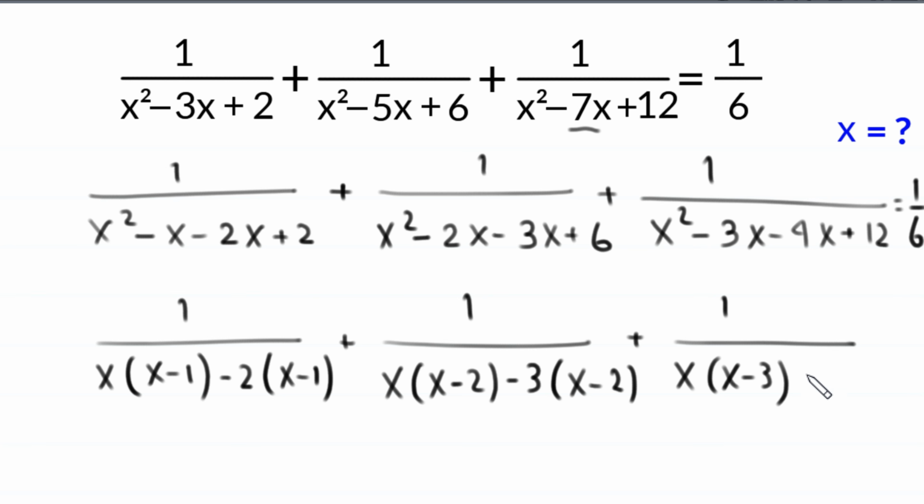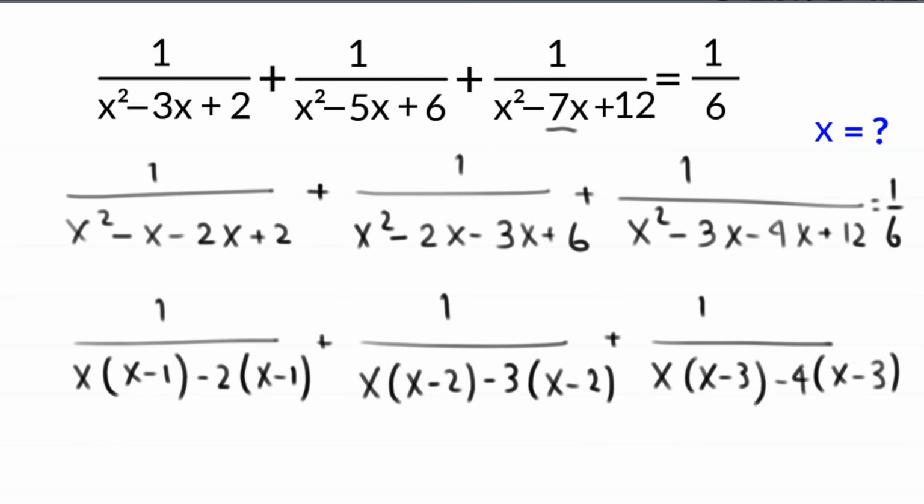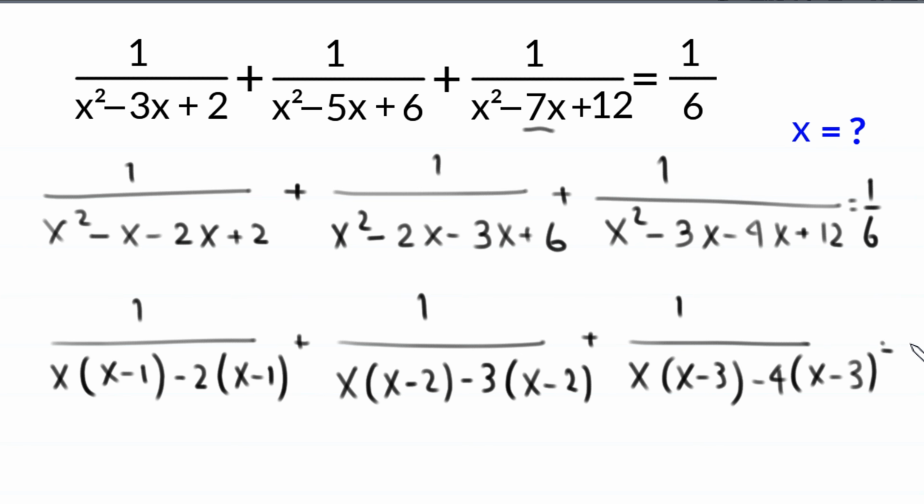From these two terms we can factor out negative 4 in bracket left x minus 3, equal to 1 over 6.